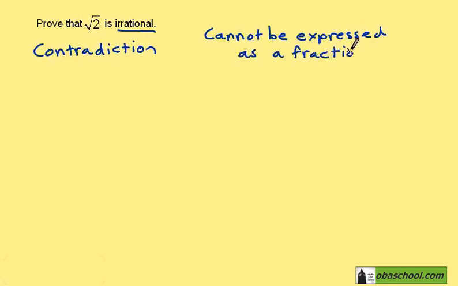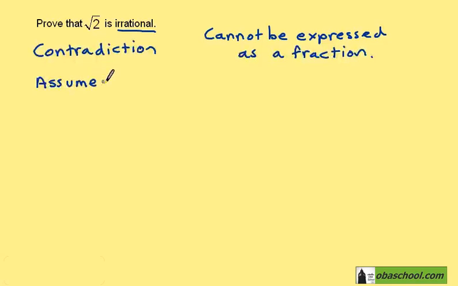Therefore, we are going to make the assumption that it can. Remember, the method of contradiction means making an assumption and then showing that that assumption can't be true.